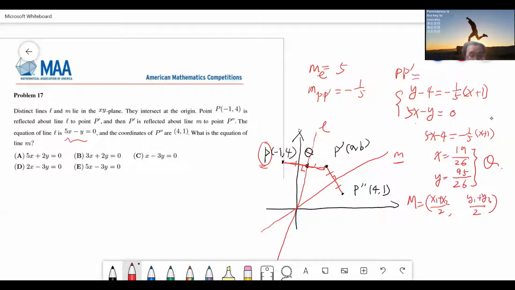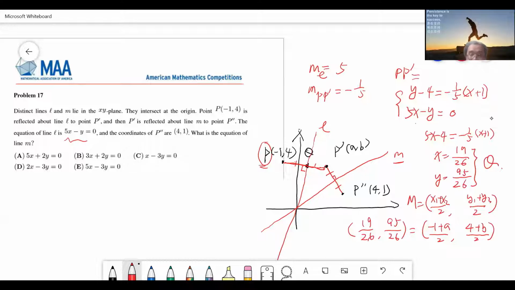So because P prime has coordinates A and B, we can use that. The midpoint Q equals 19 over 26, then 95 over 26, which must equal -1 plus A divided by 2, then 4 plus B divided by 2.